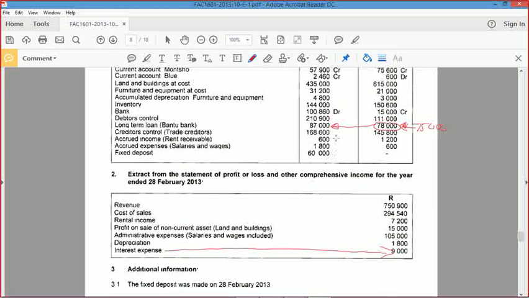Did the loan change? No, it didn't. 78 plus 9 is 87. Did we pay off the loan? No, we haven't paid off the loan, but we still owe it plus the interest. Exactly, but the loan went up. Did you take out a loan?